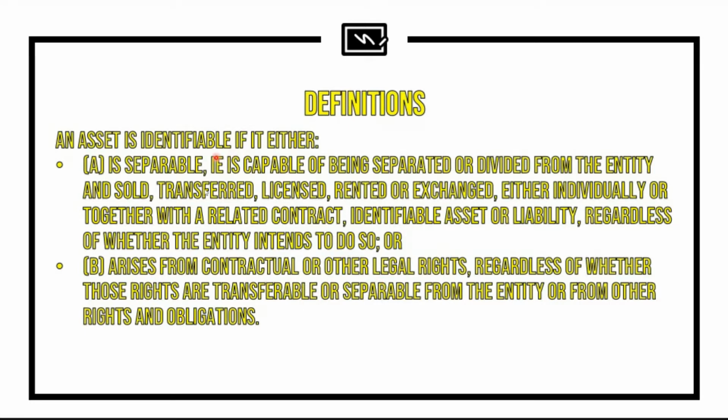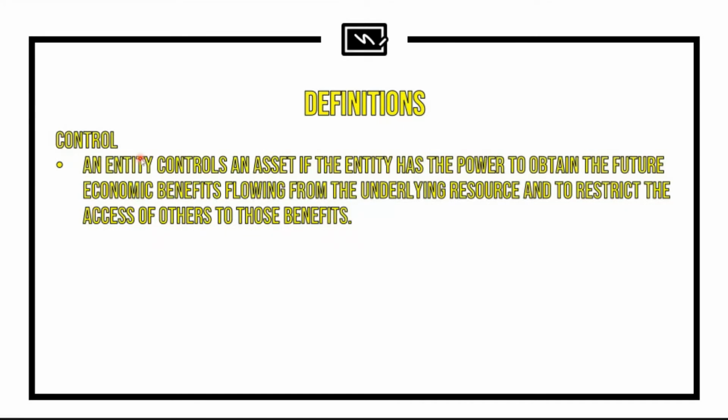Okay? So meaning it is identifiable for as long as we can separate it from other items, and this arises from contractual or legal rights as a result of past transactions. Control is basically a matter of determining who has the power to obtain the future economic benefits.